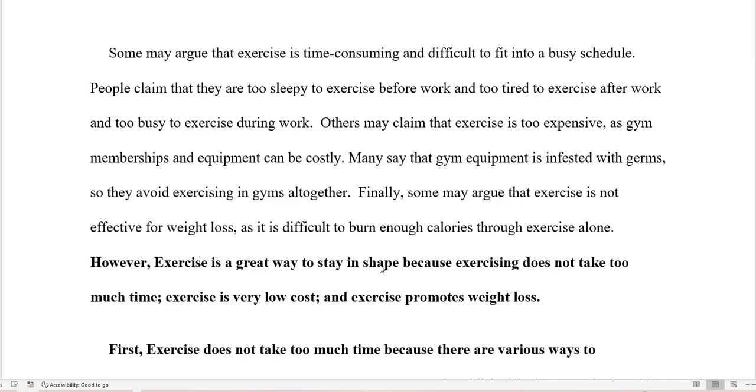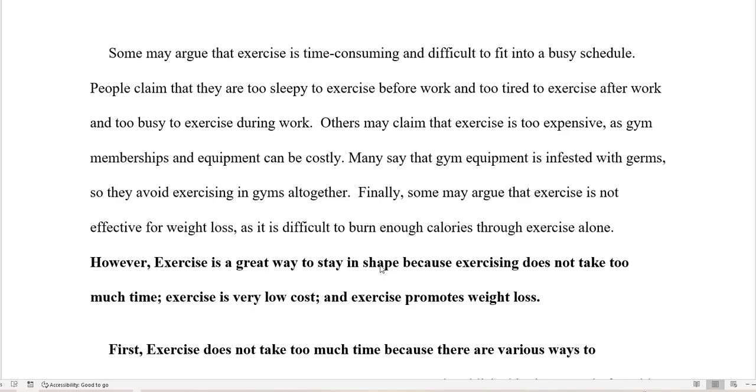Some may argue that exercise is time-consuming and difficult to fit into a busy schedule. People claim that they are too sleepy to exercise before work and too tired to exercise after work and too busy to exercise during work. Others may claim that exercise is too expensive, as gym memberships and equipment can be costly. Many say that gym equipment is infested with germs, so they avoid exercising in gyms altogether.